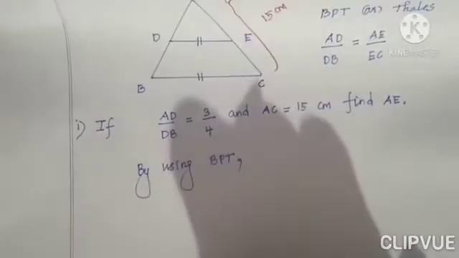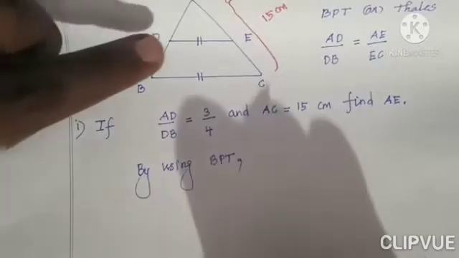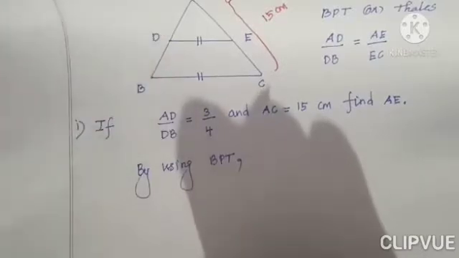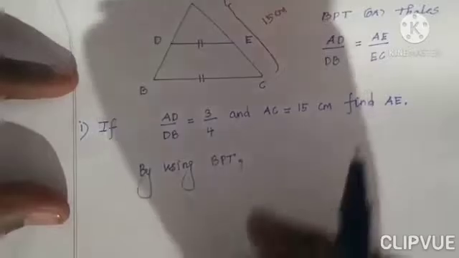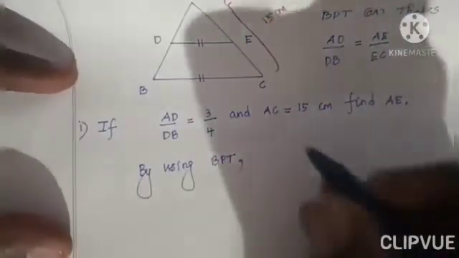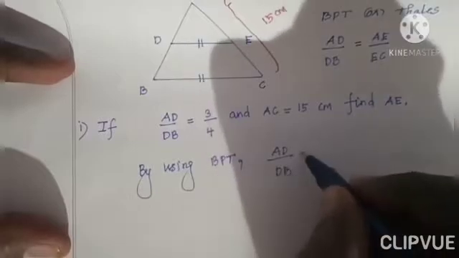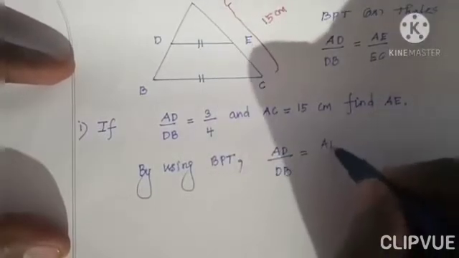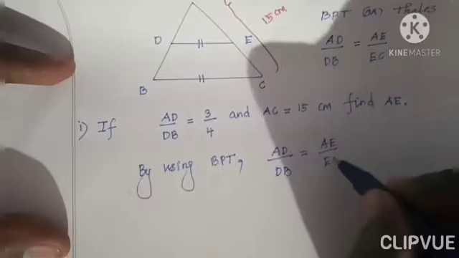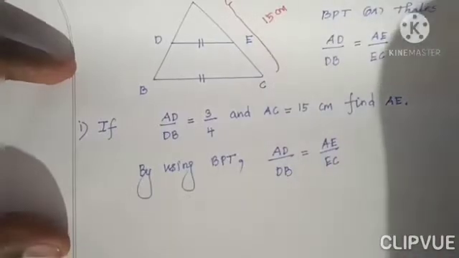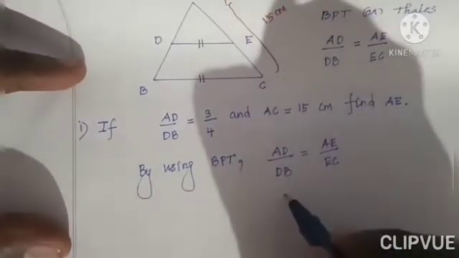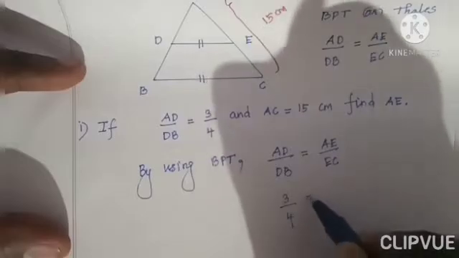Why do we apply it? Here the straight line DE is parallel to BC, that is given. That's why we took the concept of the basic proportionality theorem. So AD by DB equal to AE by EC.